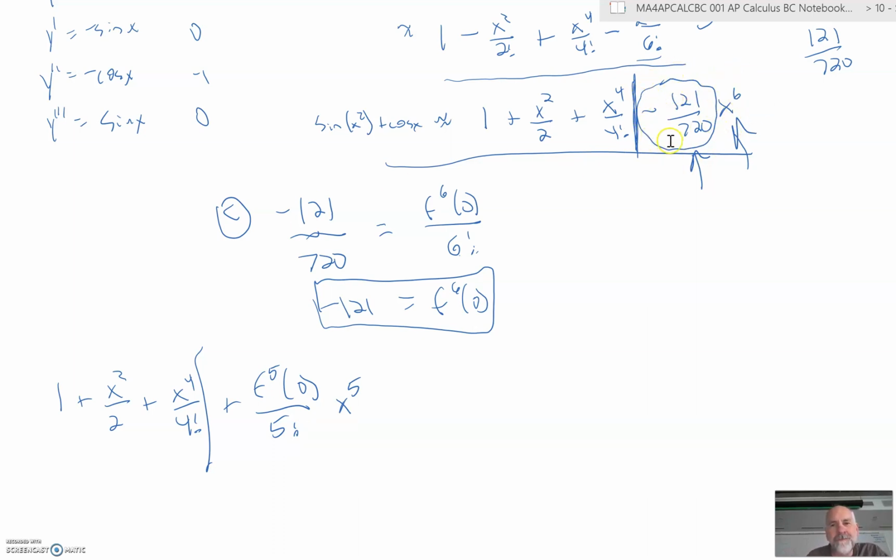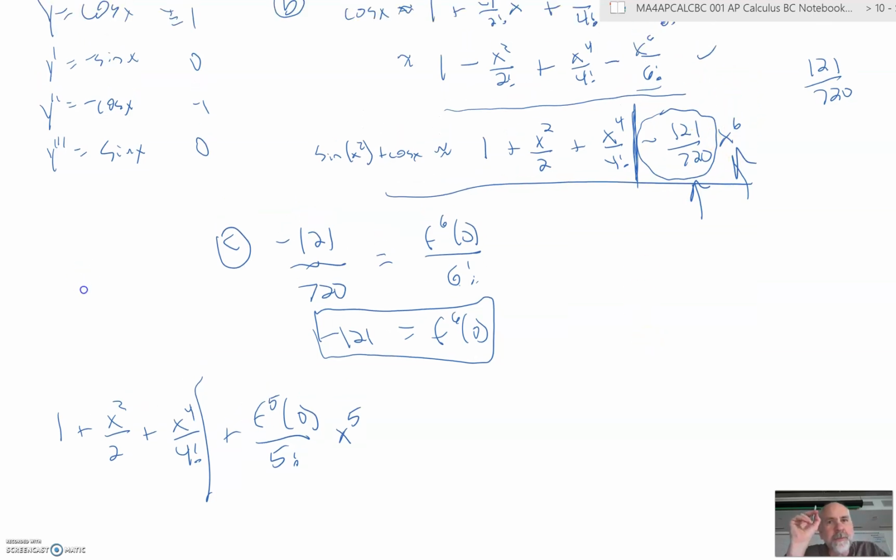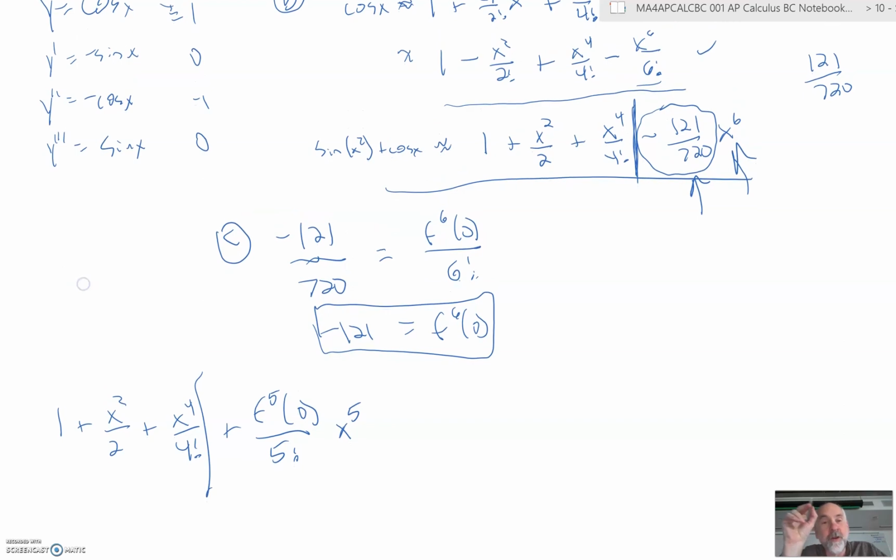Okay? But you might notice that, wait, there isn't a 5 factorial in here. I don't see an x to the 5th in here. Well, the reason why is for the Lagrange error bound, we don't put in 0 into this. We're going to put in some number z. And this is our error, evaluated at some value of z.